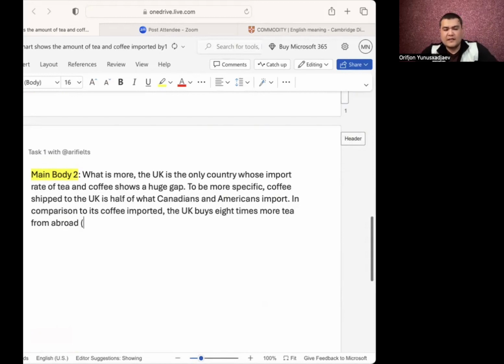From abroad. And then here I can write down the amount, 160,000 tons. All right, that's it. In comparison to its coffee imported, the UK buys 8 times more tea from abroad.